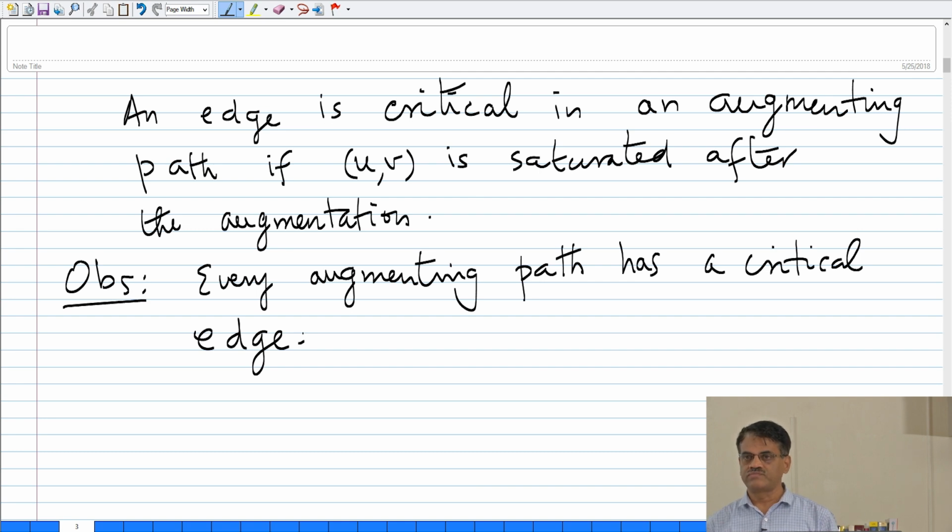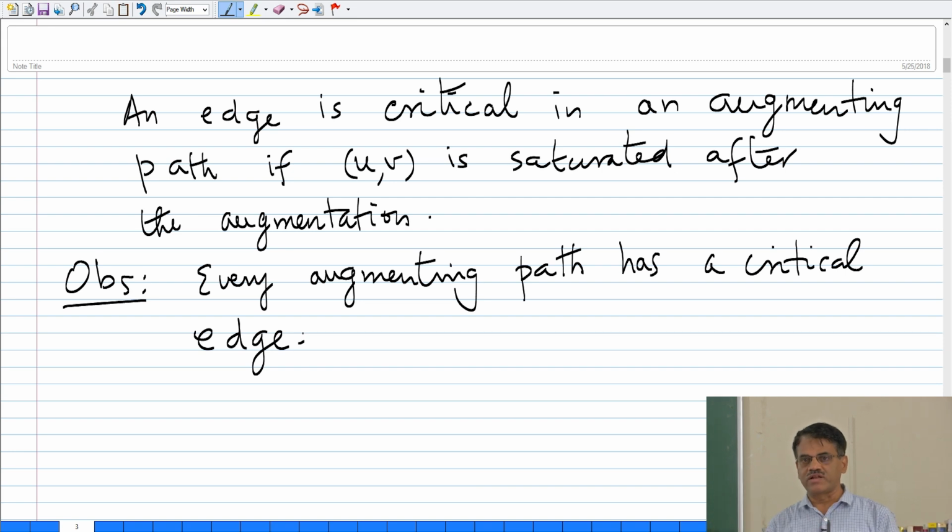The min in that path, and that edge will be saturated, because I am going to push whatever min residual capacity is possible in that path. That's all I can push through that path. Once I do that, the edge which has the min residual capacity will get saturated. So that was a critical edge. There may be several such edges. Many edges may get saturated. So a path may have many critical edges, but at least there is one.